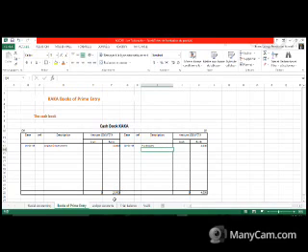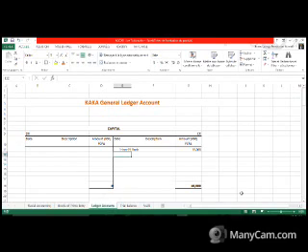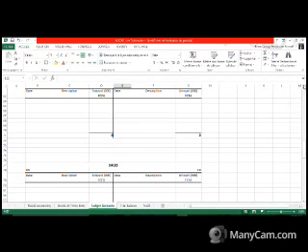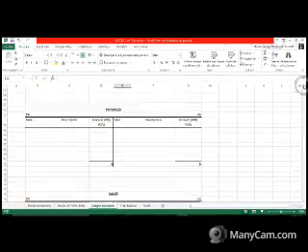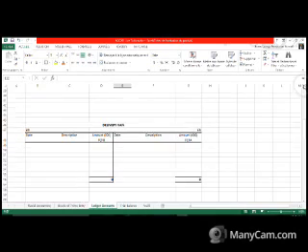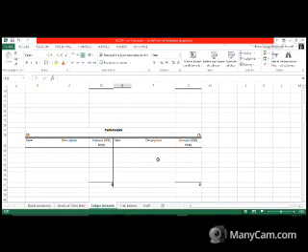And the corresponding entry, we go to the purchases account. We have credited the bank account. The corresponding entry needs to be a debit entry. So we go to the purchases account and debit it.